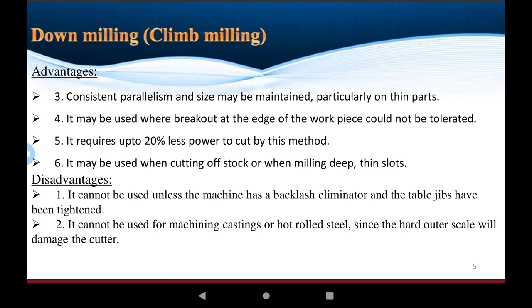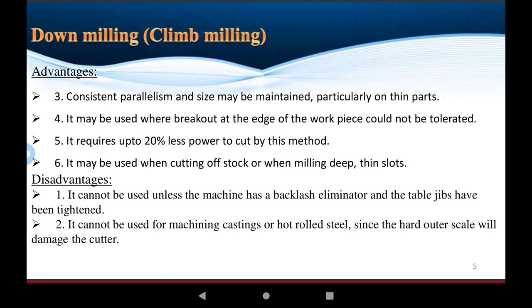It cannot be used without the machine's power and without a backlash eliminator. Tools are provided for the operations.